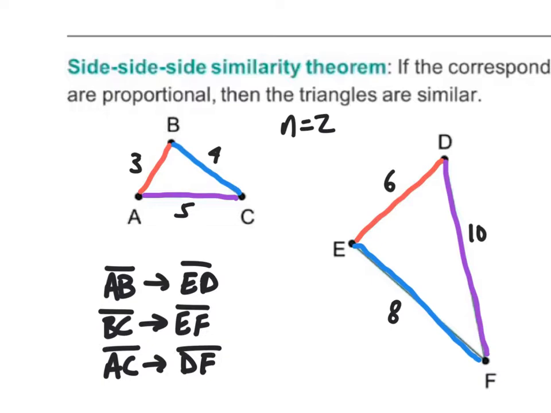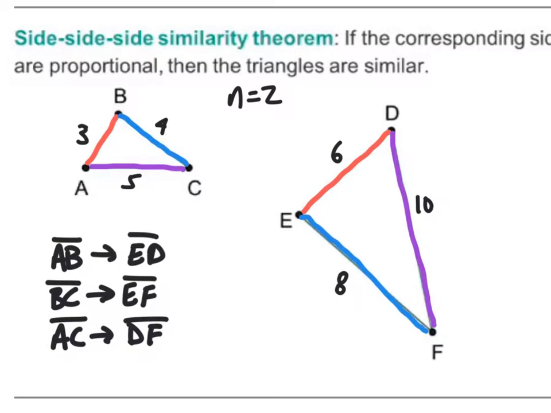Now because my corresponding sides are proportional, I would set up fractions. If I take segment AB, which has a length of 3, I would set that over the corresponding side over here, which is 6.